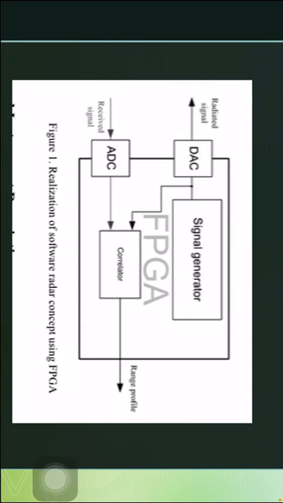The radiated signal goes out from the DAC and the received signal comes from the ADC. Both signals meet at the correlator and the range profile is produced. This diagram is the realization of the software radar concept using FPGA.